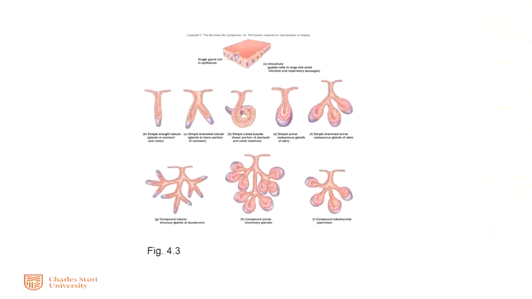You can also get these simple straight tubular ones, or simple branched tubular, or they might coil, and so on and so forth, or they become compound and tubular, and sometimes they form these little acini that we might find in mammary glands, and also other shapes. You don't need to remember any of these little diagrams. It's just to give you an idea.